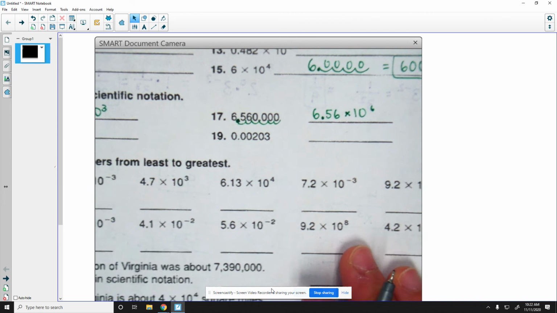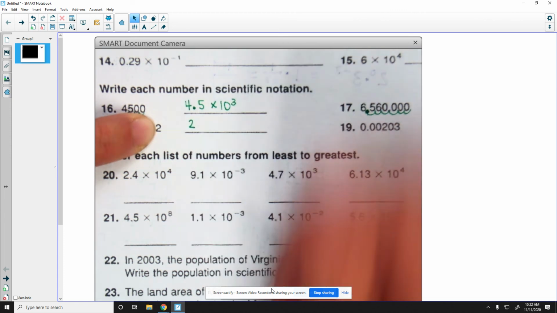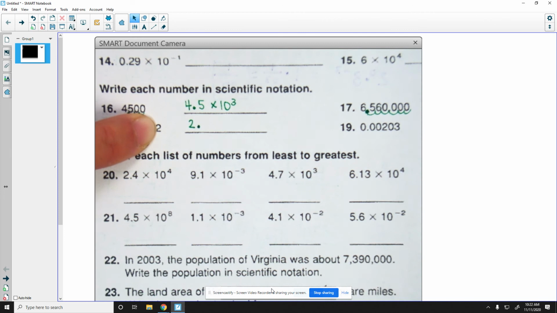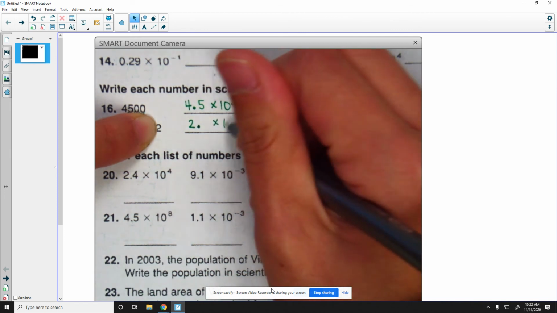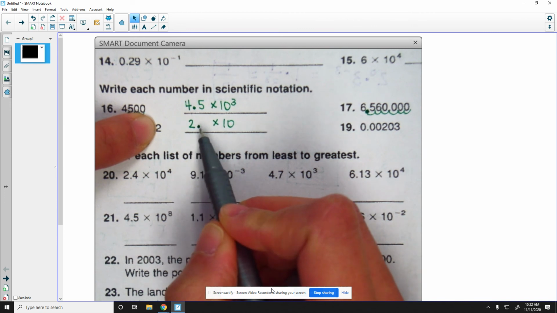Okay, so number 18, cover up your zeros in the front this time. The first number you see is 2, then a decimal, then everything after. Oh, shoot, that's just 2. There's nothing after. So it's just 2 times 10 to the something. The reason I put the decimal after the 2 is because of what Ashlyn said.